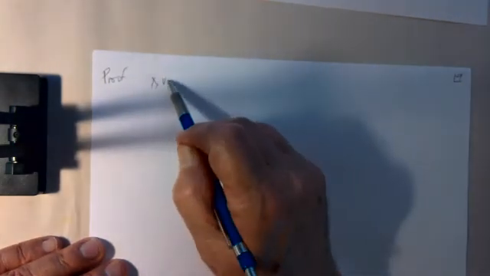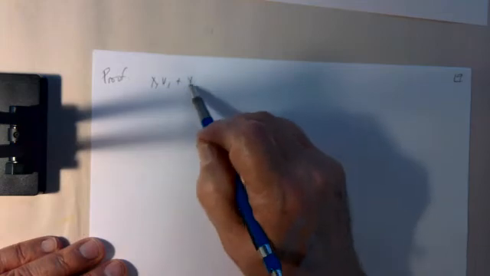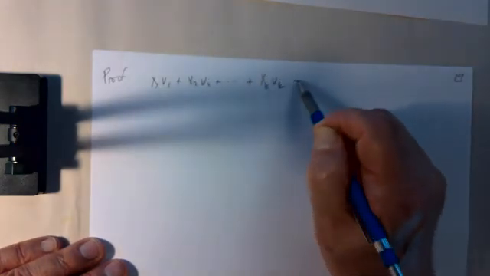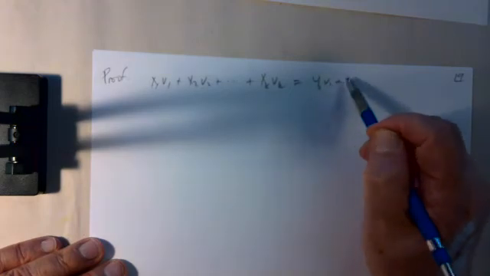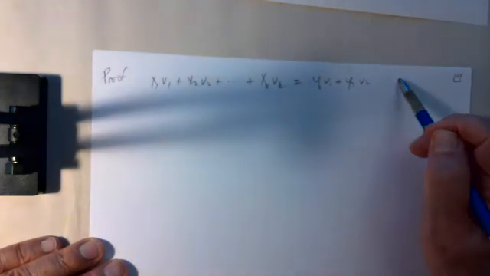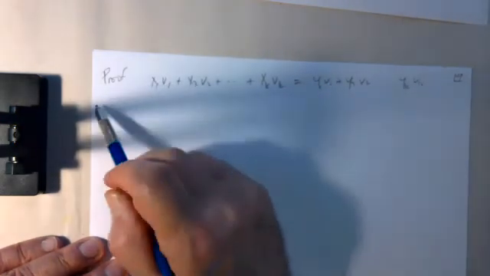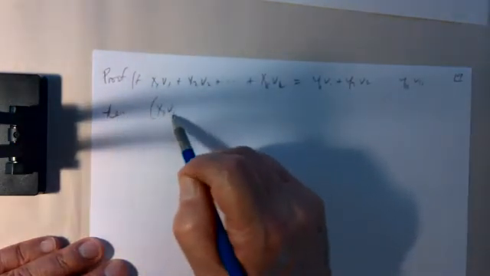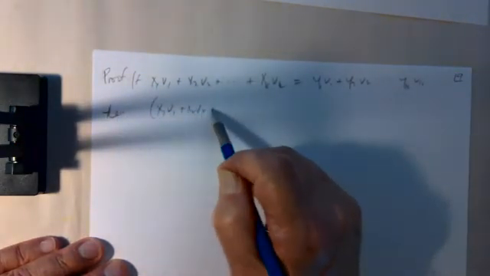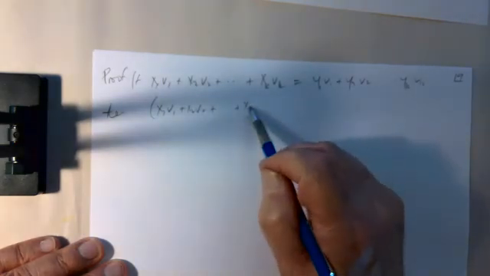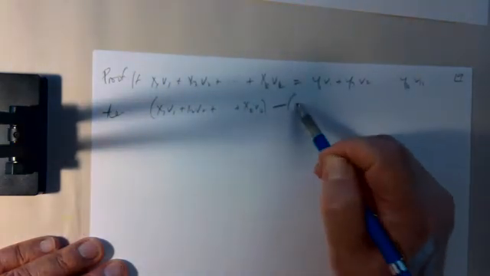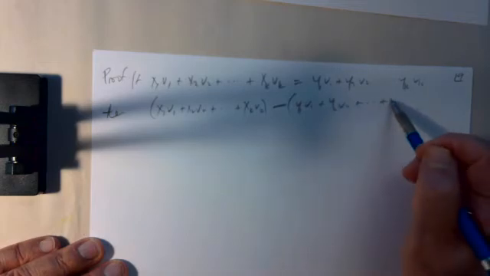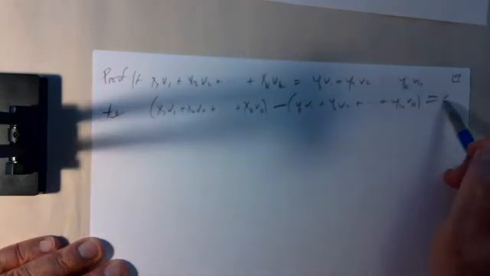If x1 v1 plus x2 v2 up to xk vk equals y1 v1 plus y2 v2 up to yk vk, if this is true, then if you subtract, you get 0.